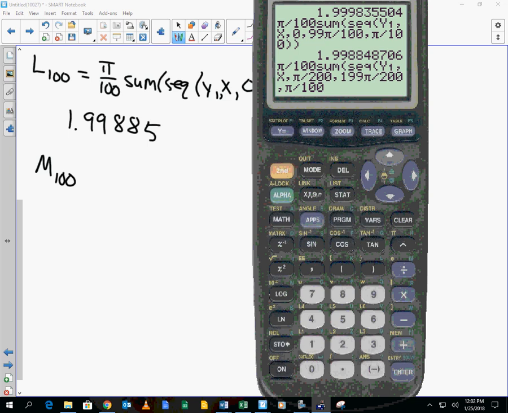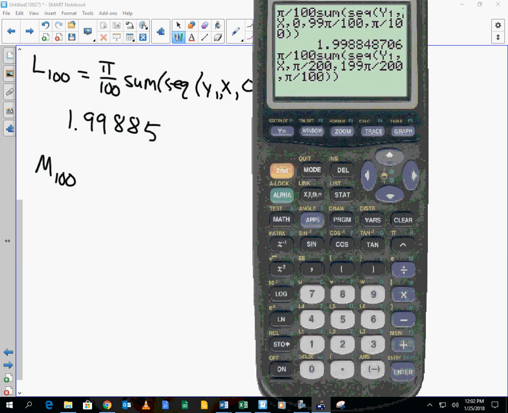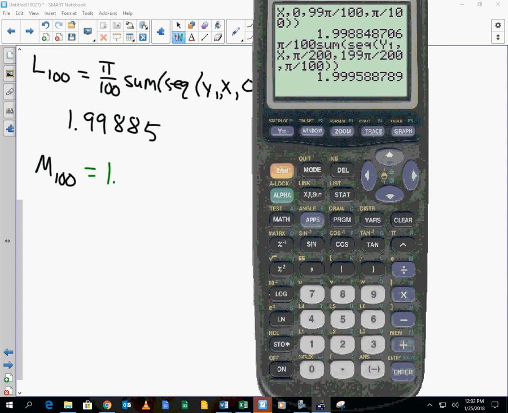Pi over 100. That's a mistake that people make, and I almost made it. People do it on tests all the time. And I let it think for a while. I get 1.99959. So it's 5 decimal places.